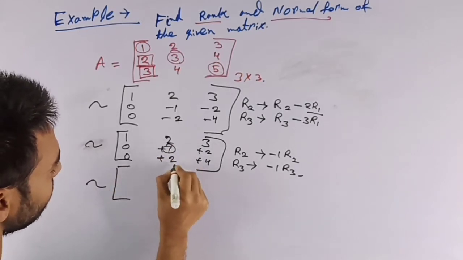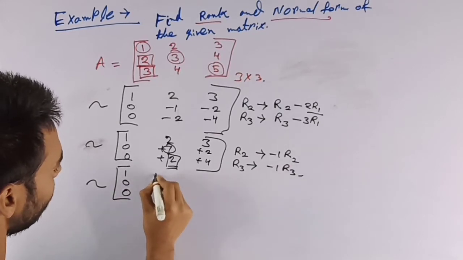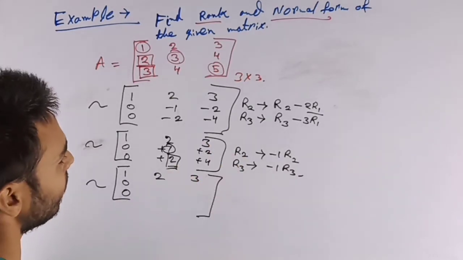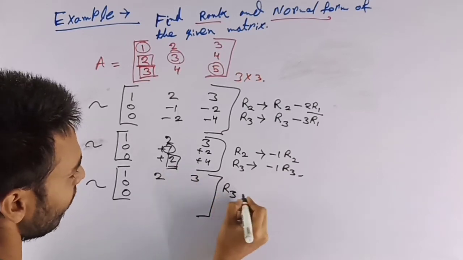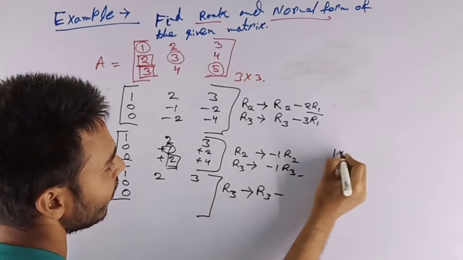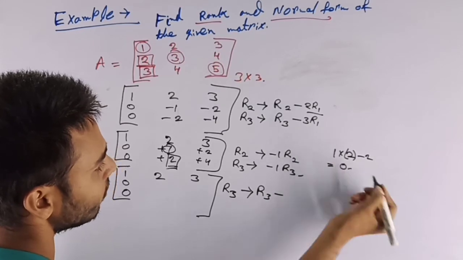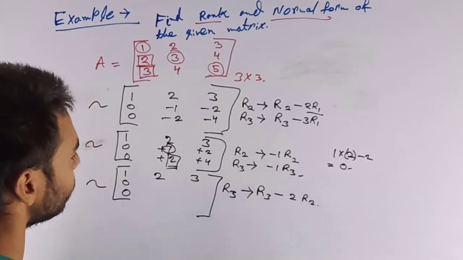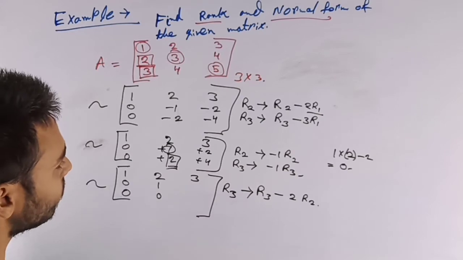So interchanging now again, 1 0 0 and 2 3 also. So r3 is interchanged by r3 minus 2 r2, that's it.